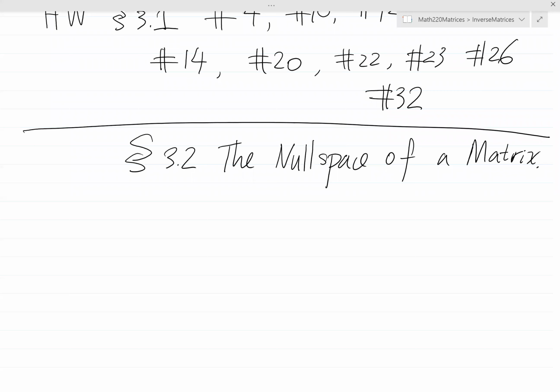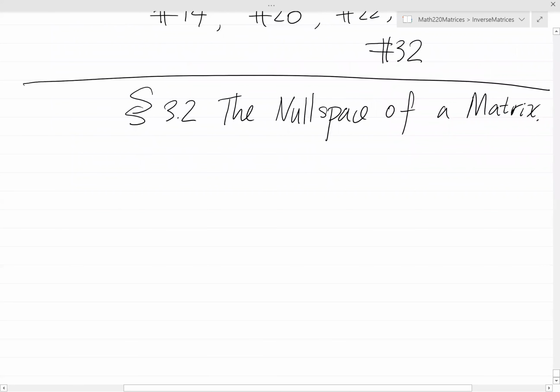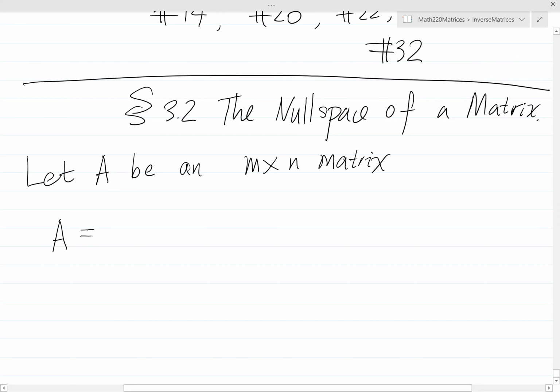Now let A be an m by n matrix, i.e., we have m rows and n columns.